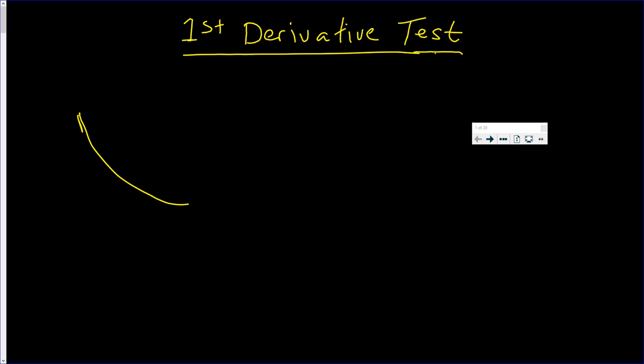The tangent line at that point is negative. It's negative over here, and negative over here. The first derivative is negative.